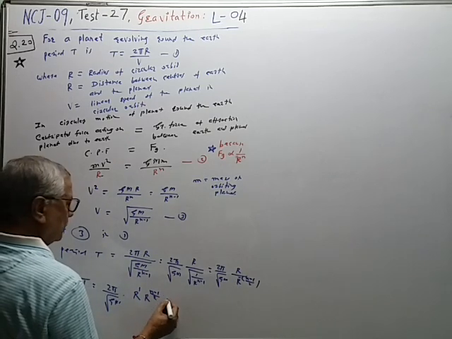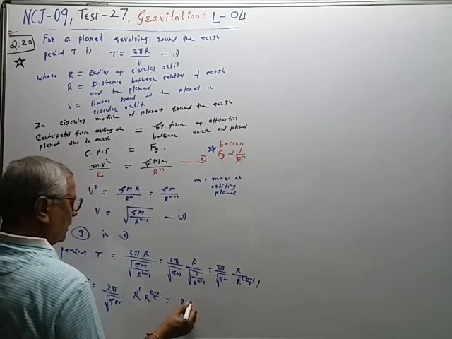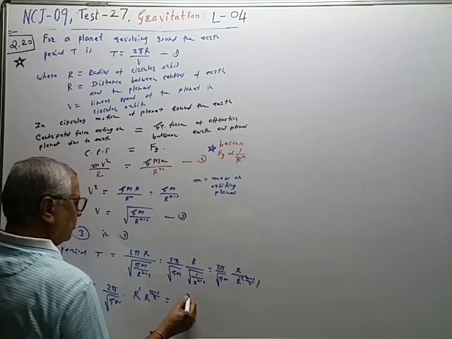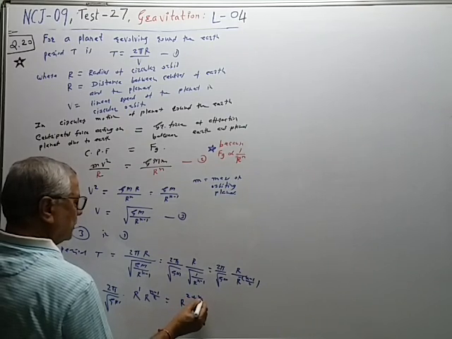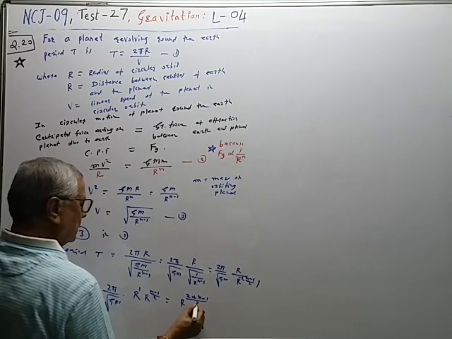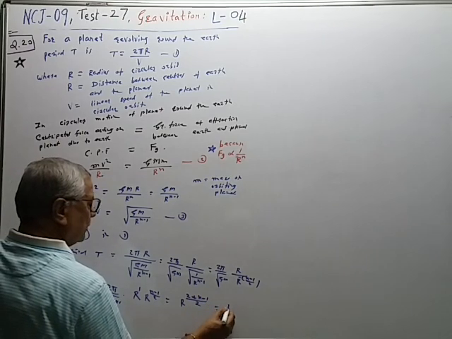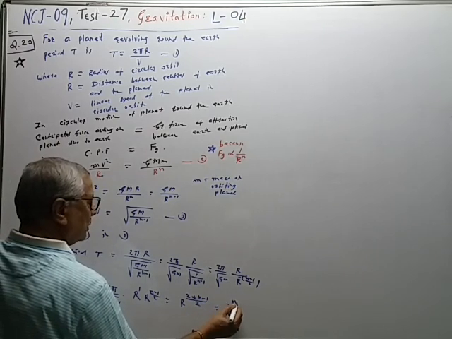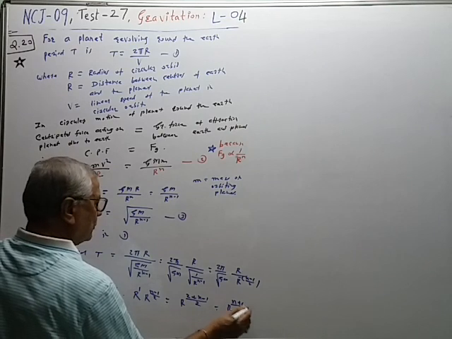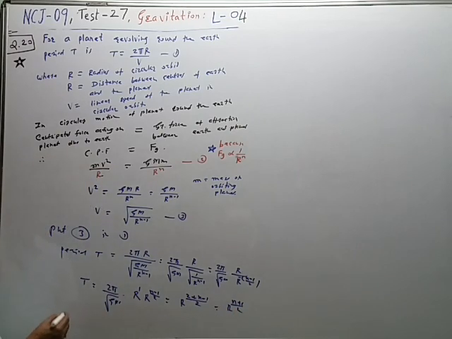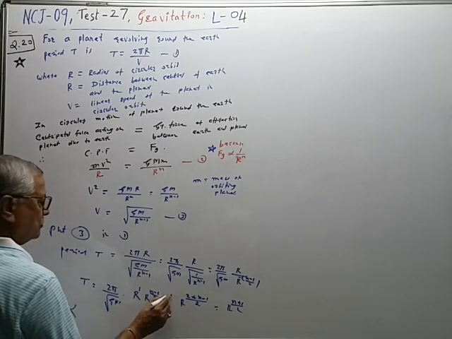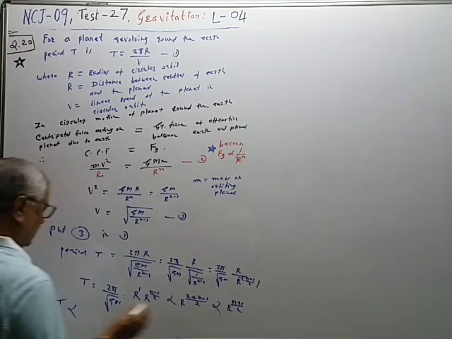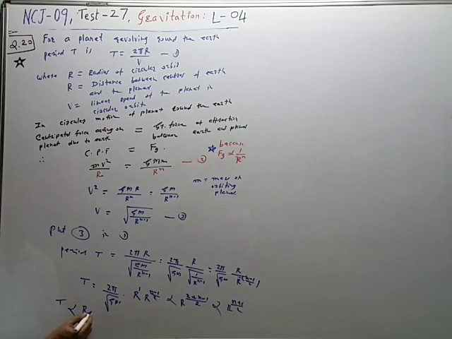So this is equal to r into bracket 1 plus n minus 1 by 2. So that is equal to r raised to n plus 1 by 2. So period is directly proportional to r raised to n plus 1 by 2.